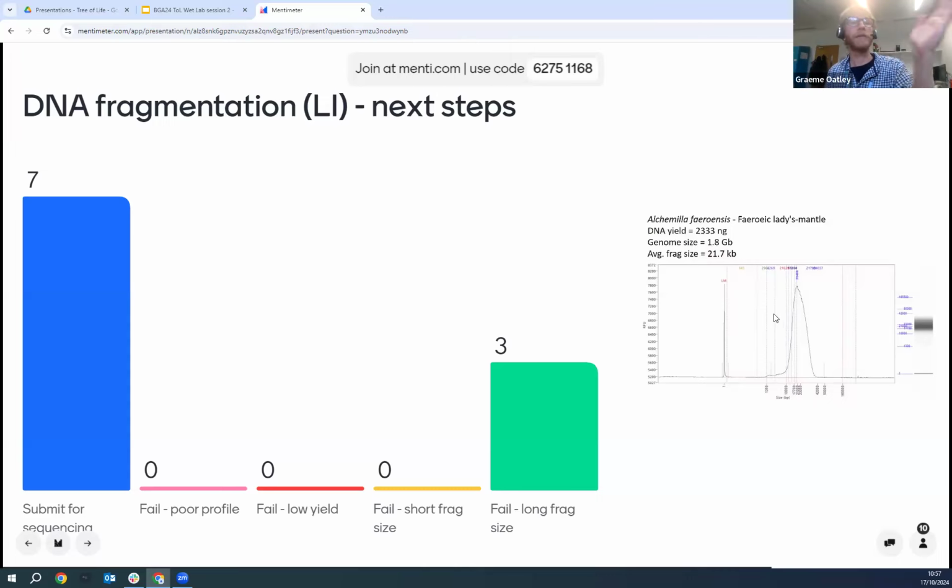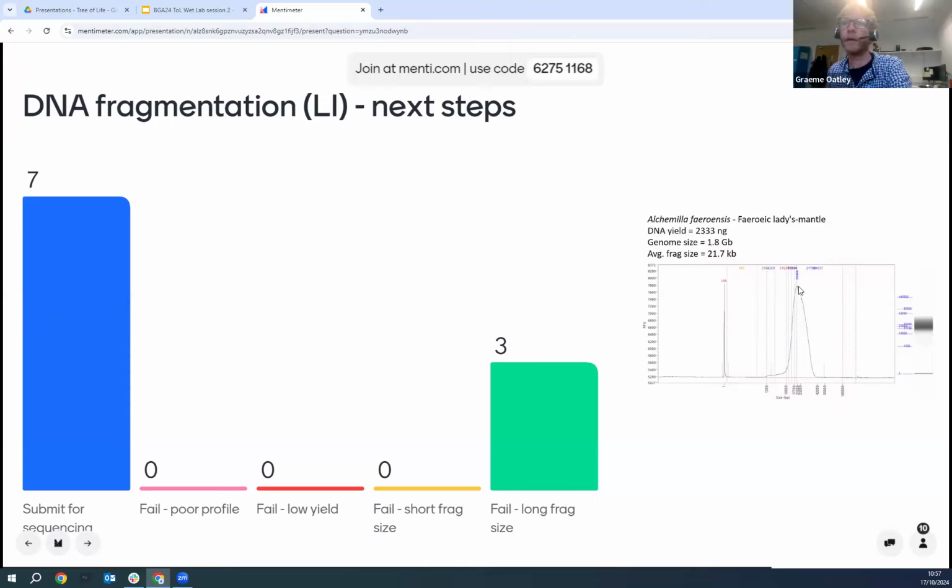So this is something that you could either fail and try to refragment this DNA to get a little bit shorter within that window, or submit for sequencing. So it really depends on the day when you're making a decision. Sometimes decision making can be a bit subjective, but generally I think we would submit that and see what comes out the other end sequencing wise.